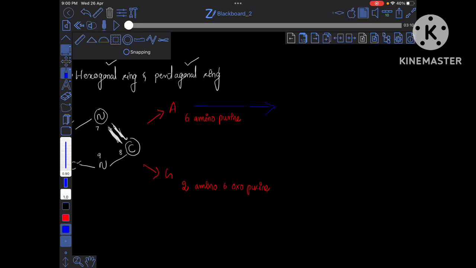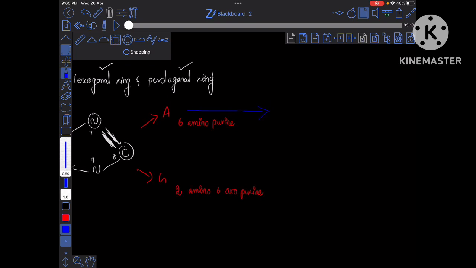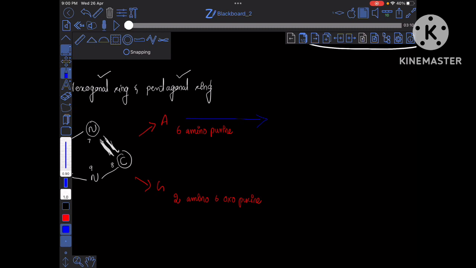So, as I discussed before, first you draw the general structure of purine. Once again, I will repeat. The left side of the purine ring carries alternate carbon nitrogen residues, and in the right side only carbon residues come.